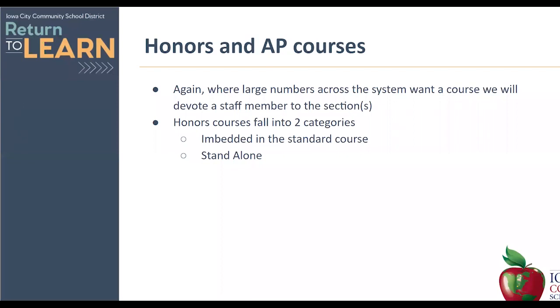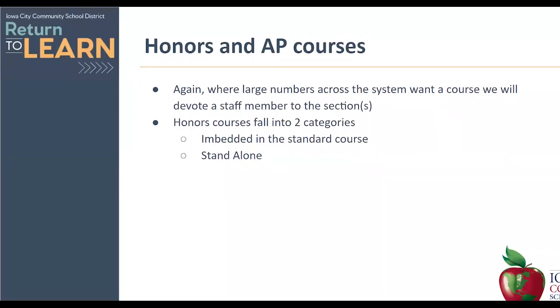So some of our courses will be embedded. Others will be standalone. What do I mean by that? I mean, it's just completely separate. For example, we know that chemistry honors is a gatekeeper to AP chemistry. And what I mean by that is most students don't go to AP chemistry through regular chemistry. They go to it through honors chemistry.